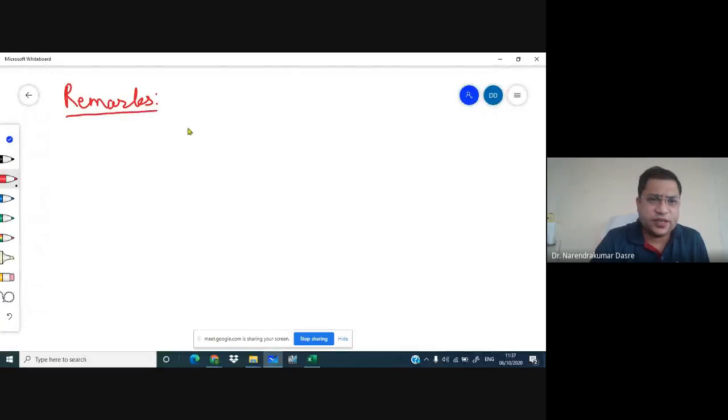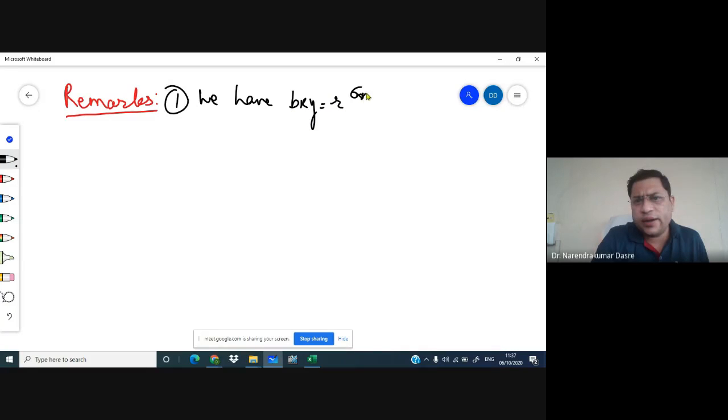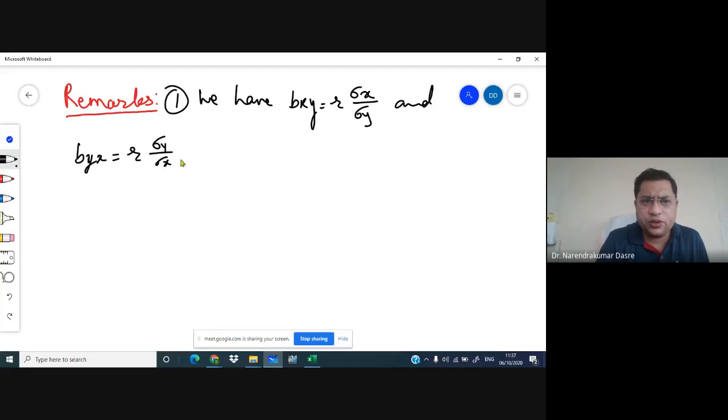So we know the line of regression of x on y, and we know the line of regression of y on x. We also know the relation between the coefficients. bxy is equal to r sigma x upon sigma y, and byx is equal to r into sigma y upon sigma x.